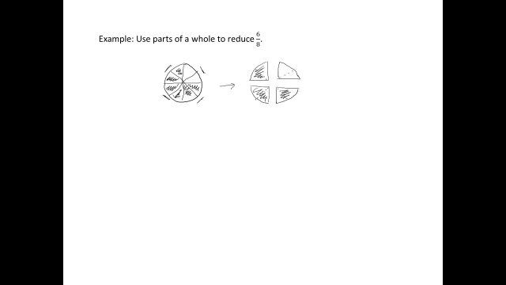The important feature here is that these are all the same size, so that when we glue these back together again, we see that we have 4 total pieces and 3 of them shaded in. 6/8 equals 3/4.